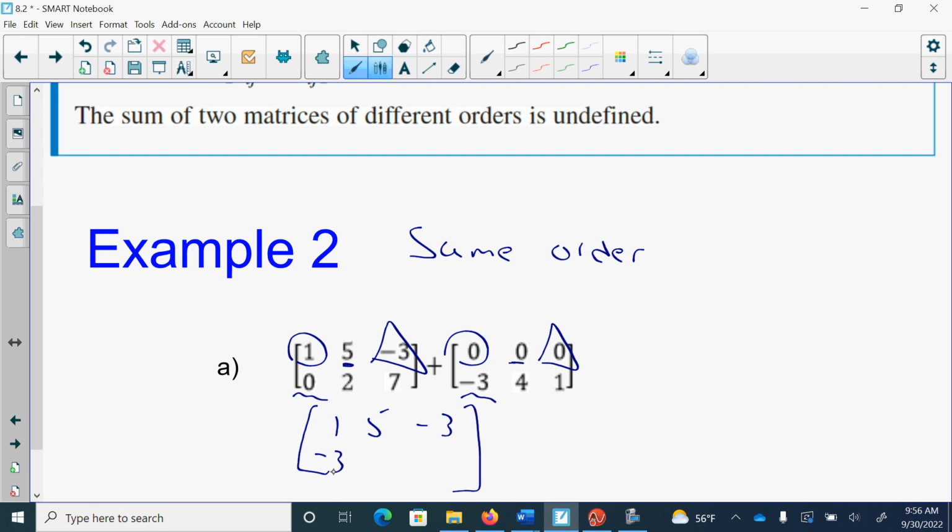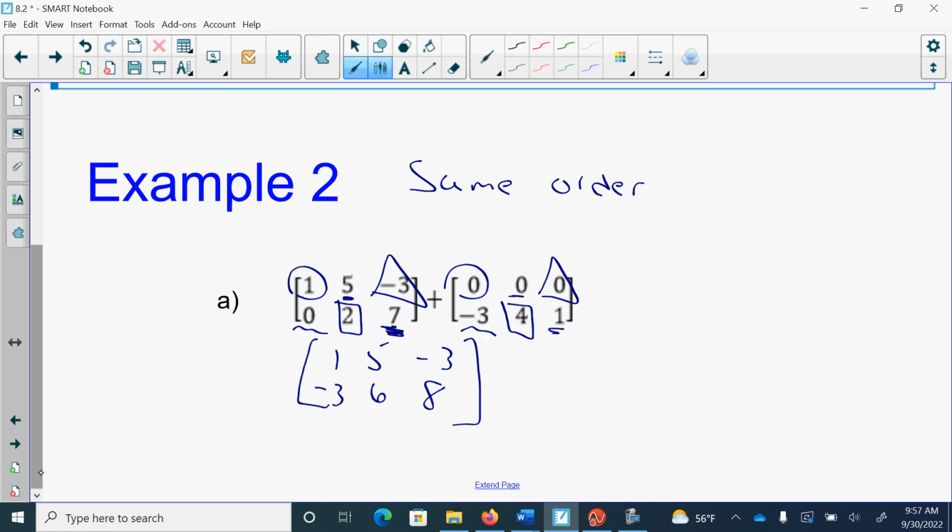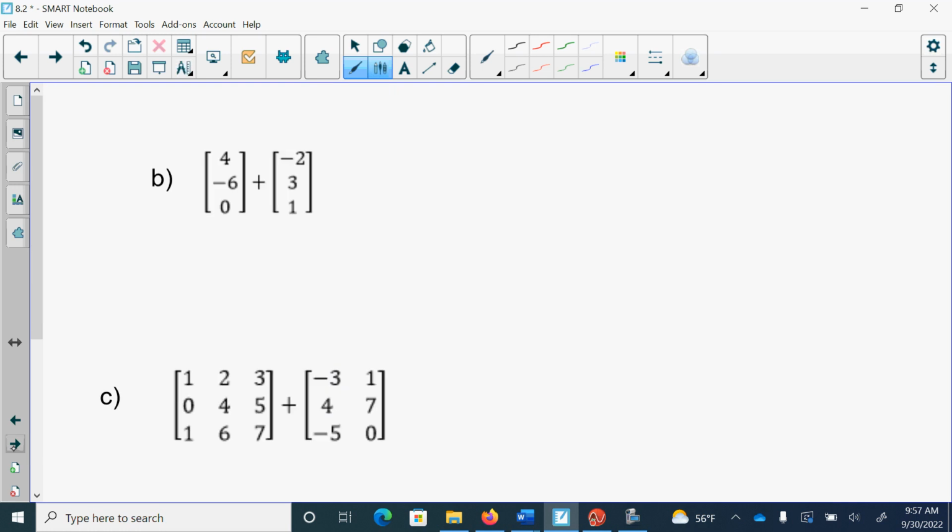I'm running out of shapes. So that would be 6, and then finally 7, 1. So every corresponding element has to be added to the corresponding element. So this one, I'll give you a second to do these two.